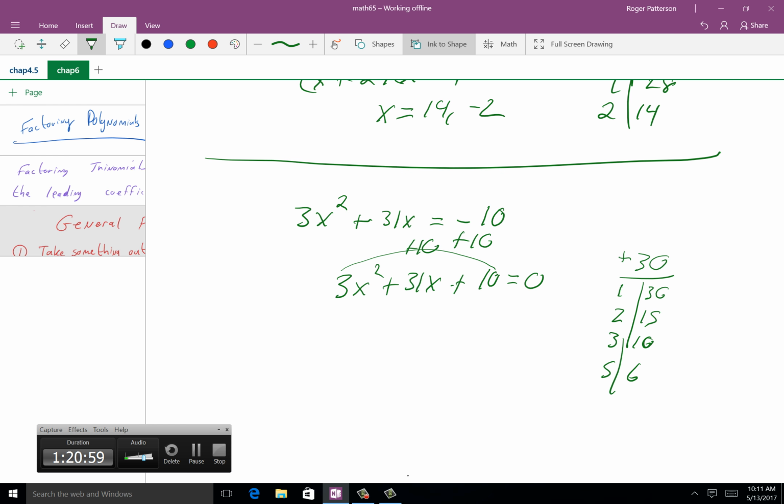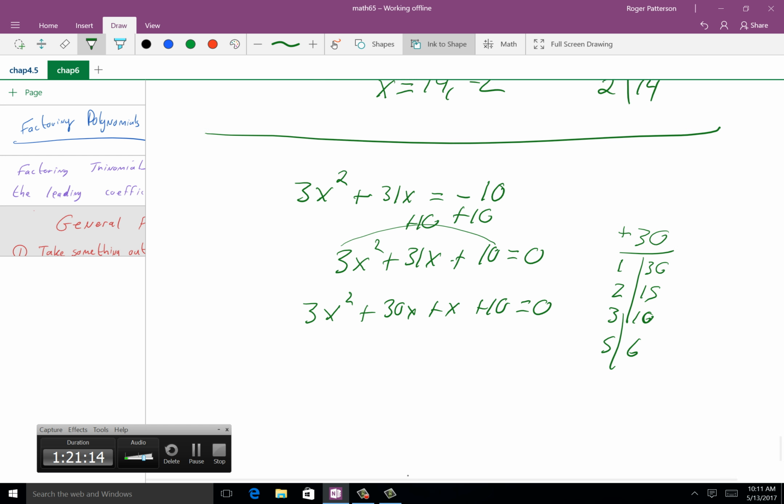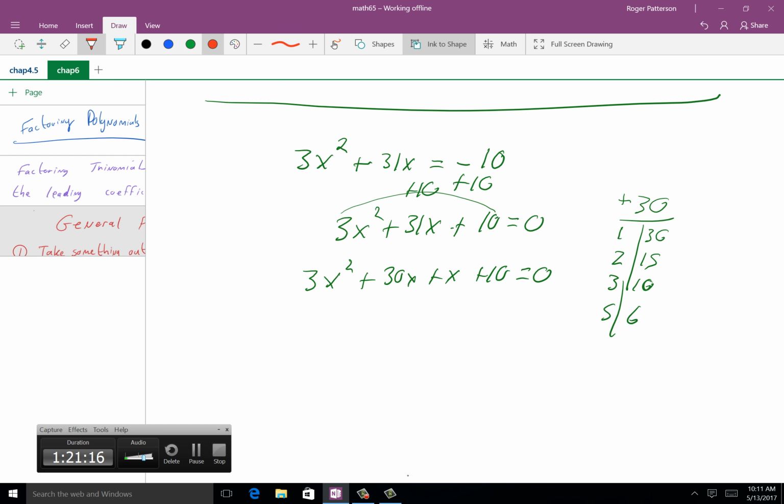Put it together. 3x plus 1, x plus 10 equals 0. You're all happy because you're done, but you got to remember to solve it. -1... Oh, that's not -1. -1/3 and -10. Yep.